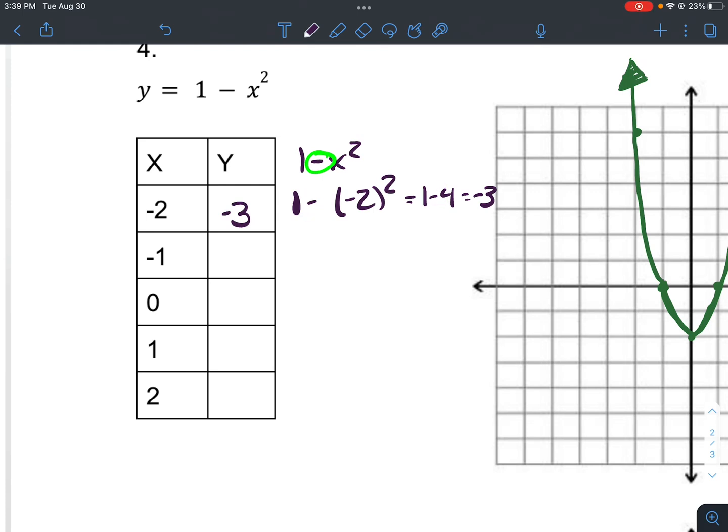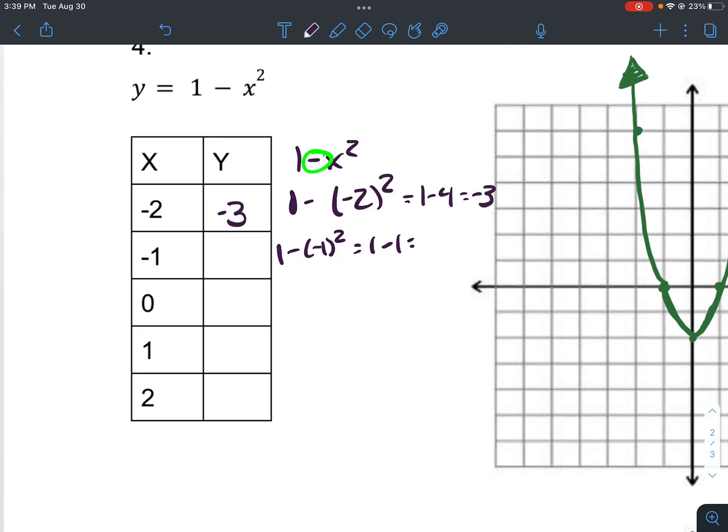Remember, we're subtracting there. So now 1 minus negative 1 squared. This is going to equal 1 minus 1, or 0. When we plug in 0, we get 0 squared, so that's just 1. 1 minus 1 squared is just 1 minus 1, which is 0.